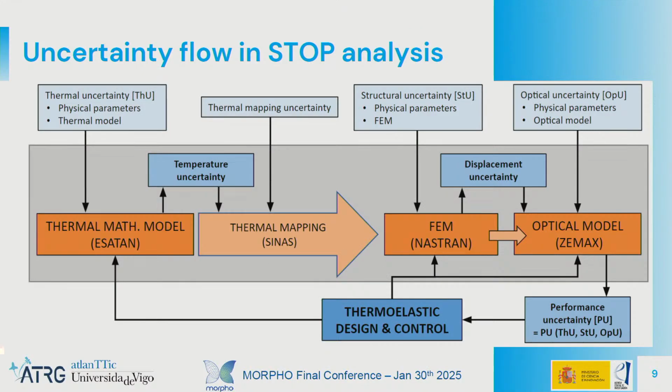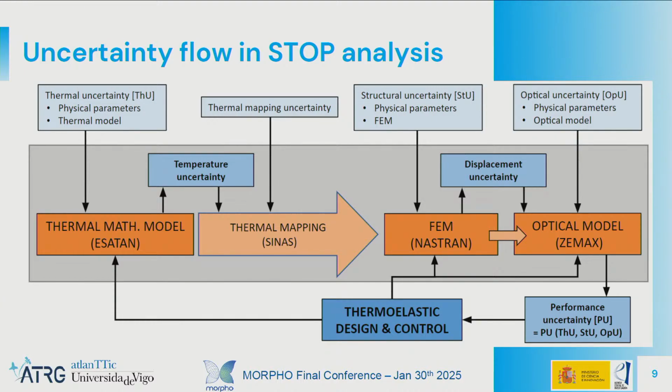Okay, so this is how we do it in the thermoelastic problem. As you can see, we have some thermal parameters, which will give a temperature uncertainty. We have also some uncertainty from the thermal mapping process. We have also some structural uncertainty.